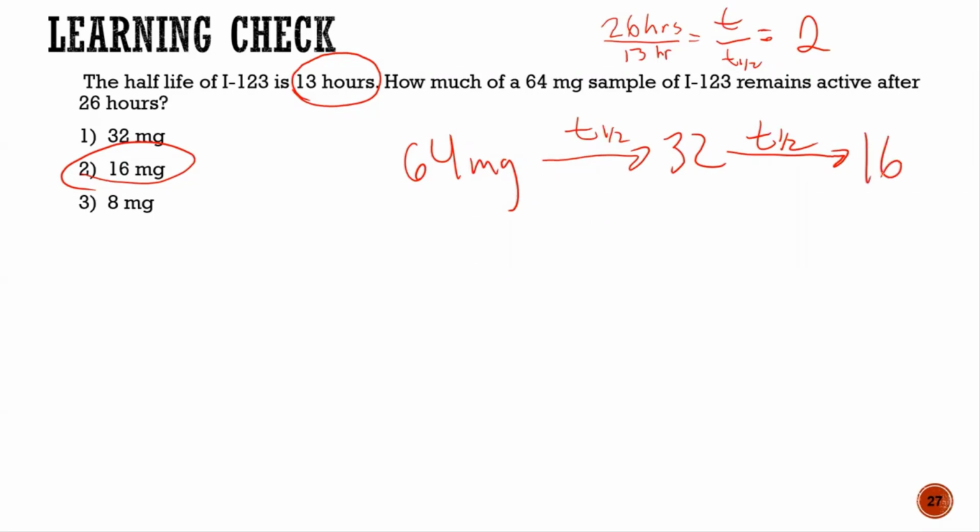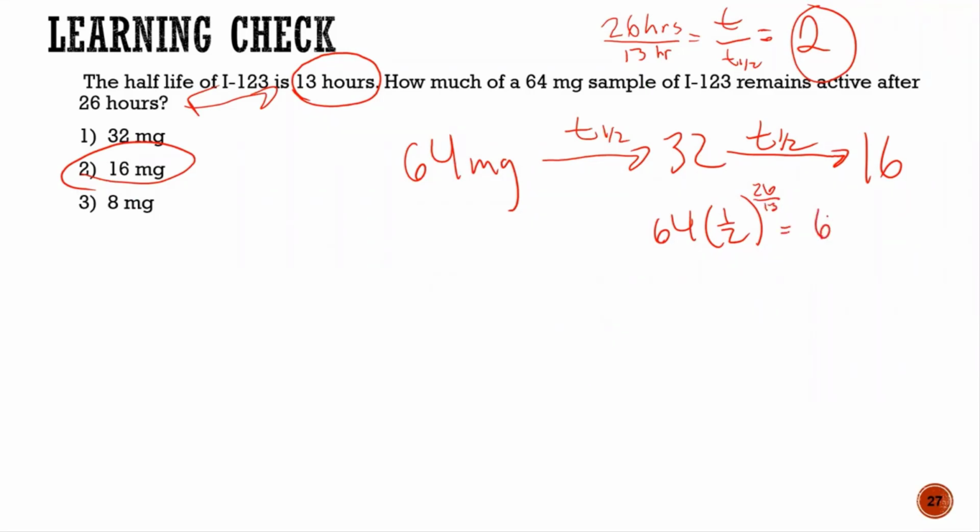Another way you could do this, and you don't have to do it this way, is 64, and then 1/2 to the number of half-lives. If you're not sure how many half-lives, and when you go further in chem, it's not going to always be fixed integers like 2. So a good way to do it is to write however much time, 26 hours, divided by the half-life.